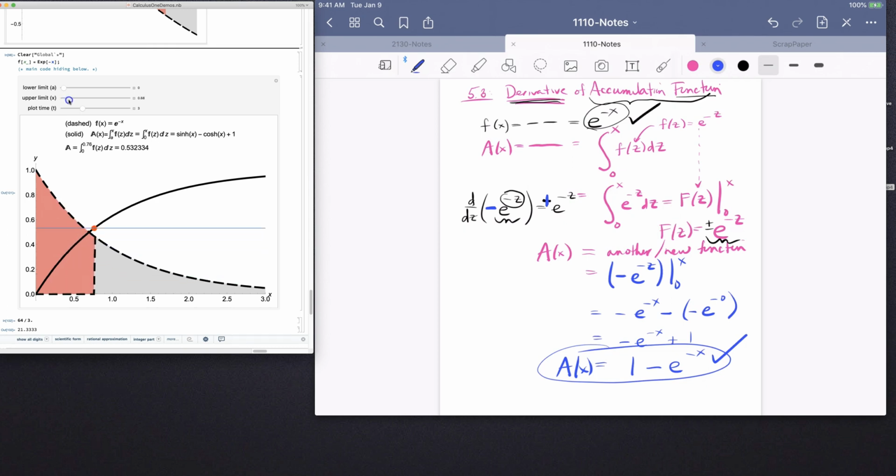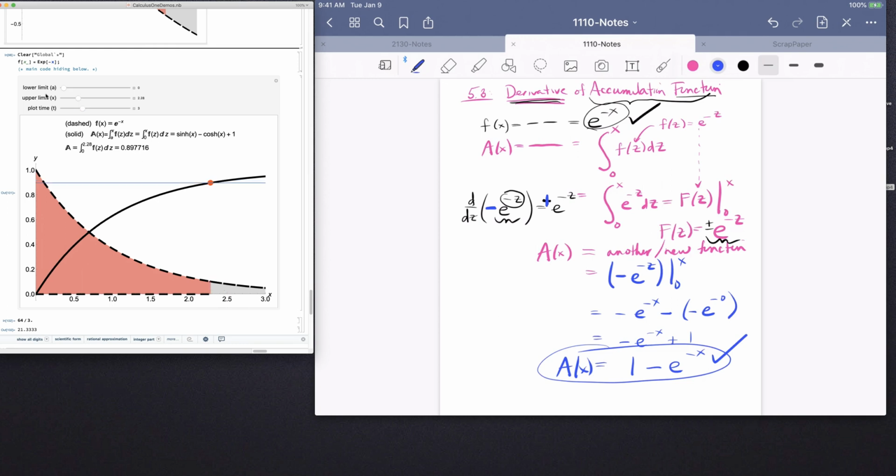We're adding up area, so the area is getting smaller and smaller, but the total amount of area keeps getting bigger and bigger. We just happen to be adding up less and less area. The amount of area that we're adding is getting smaller, but we keep adding up these smaller amounts, so the area keeps going bigger and bigger.